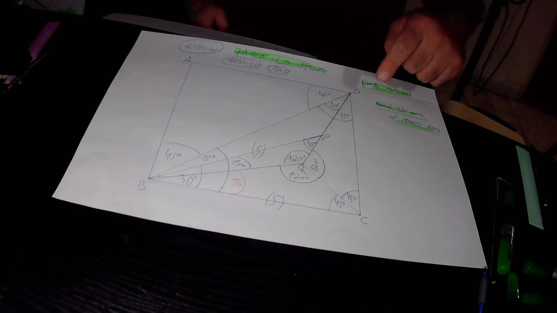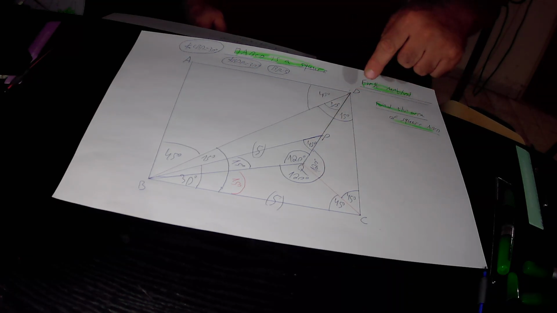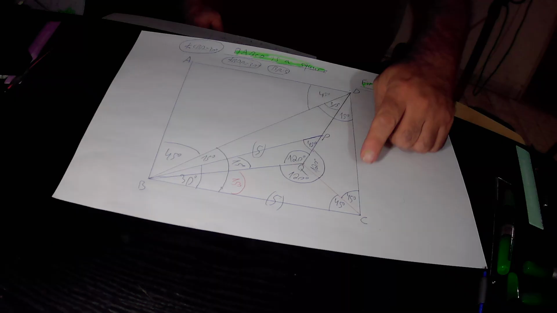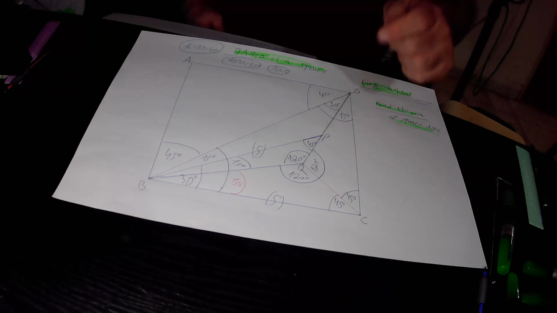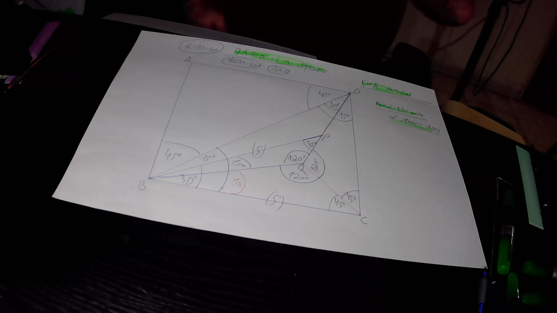Likewise, in this triangle CQB, this angle equals 45 degrees, this angle equals 15 degrees, and therefore this missing angle is equal to 120 degrees in size.